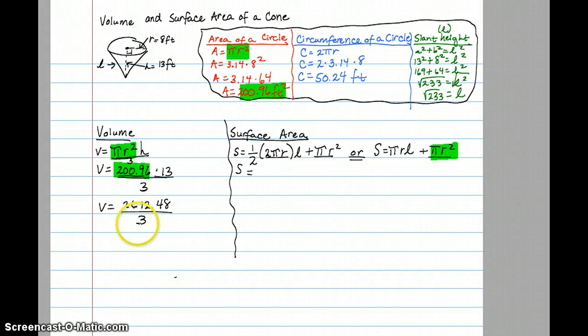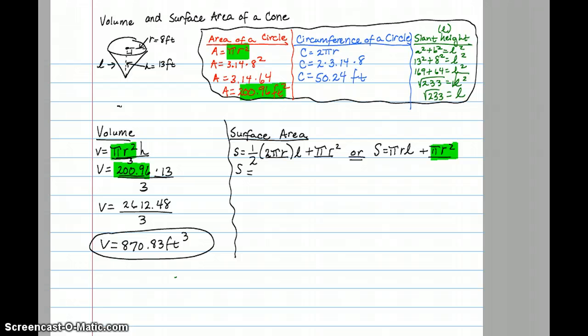You divide that by 3. Again, all this is on your calculator. And so that's going to end up being 870.83, and that's feet cubed.